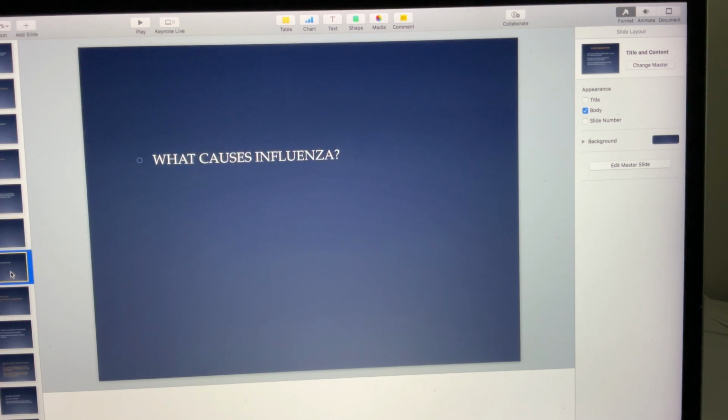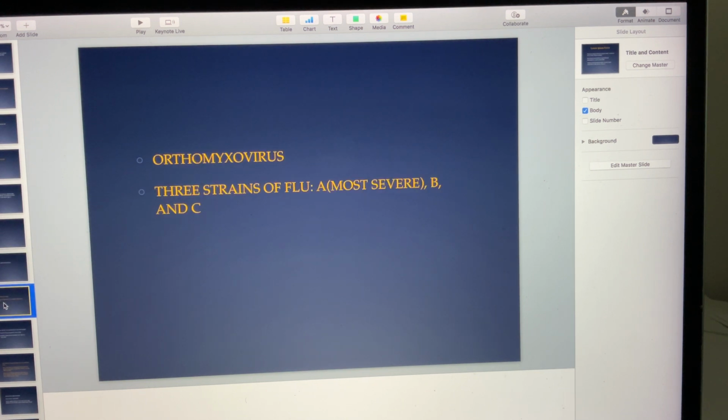So what causes influenza? This is caused by orthomyxovirus. Orthomyxovirus. Okay? And there are 3 strains of the flu. You have type A, which is most severe. You have B and C.